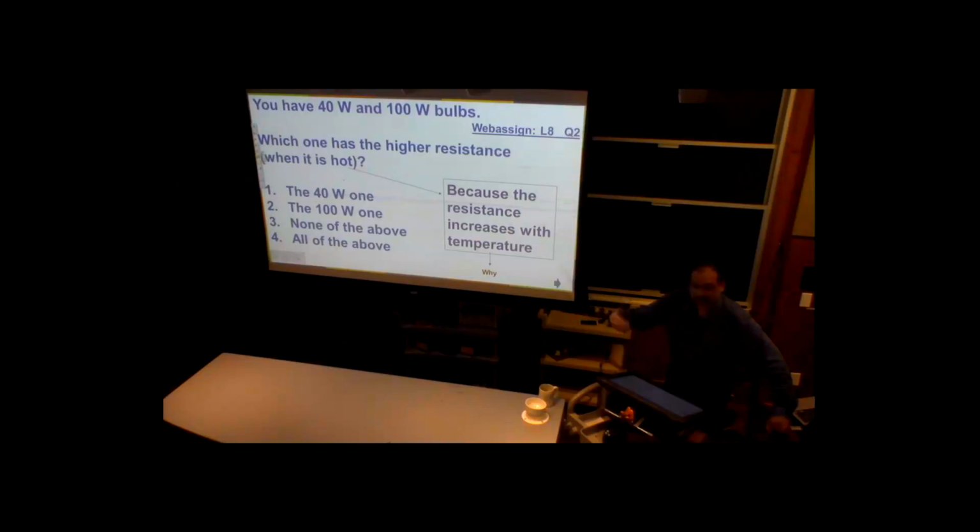There's a second reason for that, which is atoms start moving faster. So they just kind of cover more area to prevent electrons from getting through. That's it. And when we cool it down, atoms move slower and slower. And some materials eventually can become superconductive, no resistance at all. Actually, zero resistance.